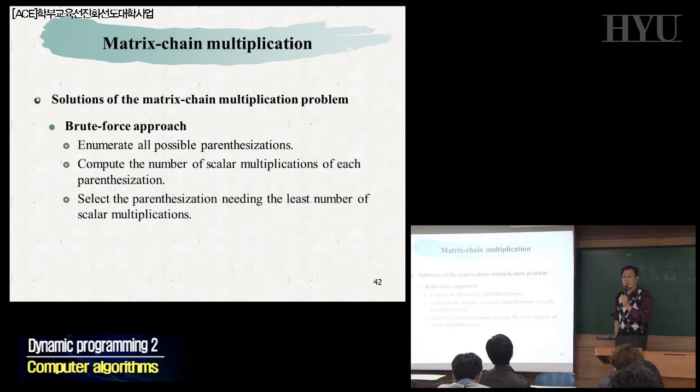Then what is the most time-consuming step among these 3 steps?